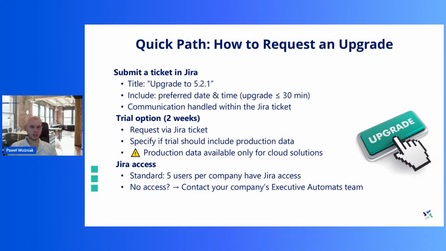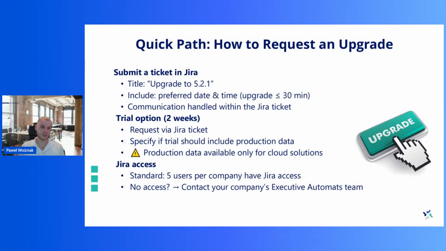So how to request an upgrade? The easiest way is to raise a Jira ticket. You can use your account to log into Jira and create a ticket. In the ticket title, just say to which version you would like to be updated.